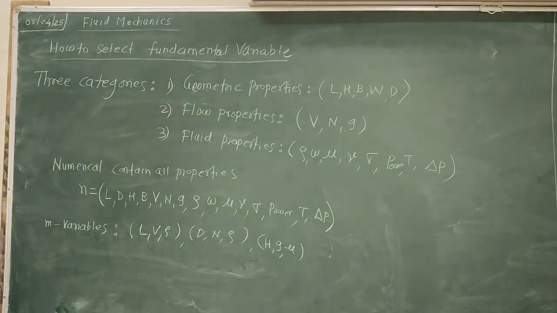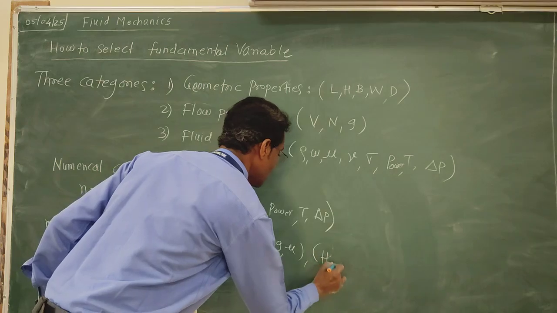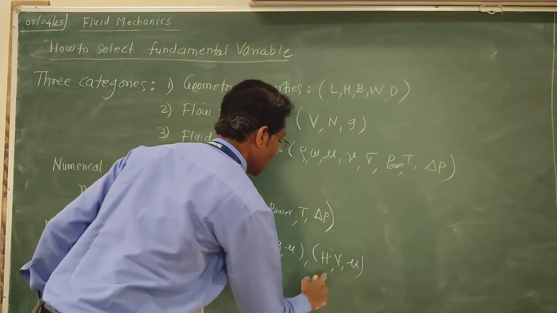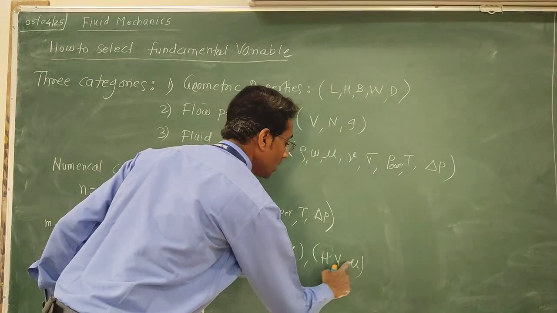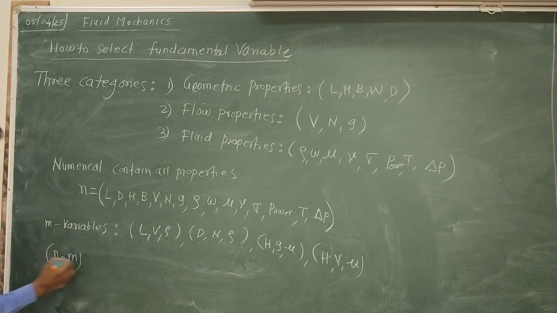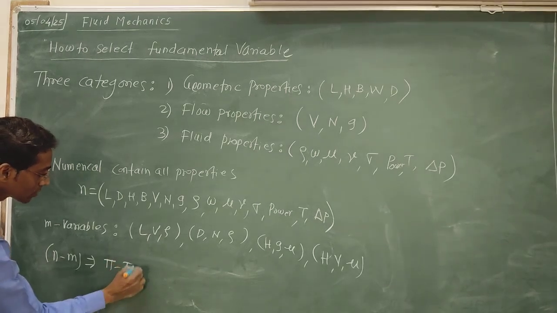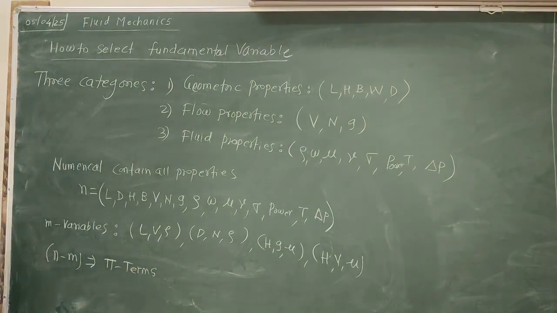So three fundamental variables: H, V, mu. Next you can take H, V, mu in this way, or you can take B, V, mu in this way. Whatever the n number minus m we do, we will get some number, that will be the number of terms, 3, 4, 5.